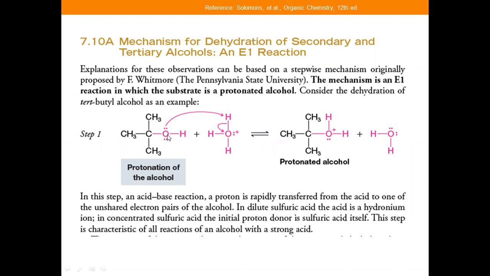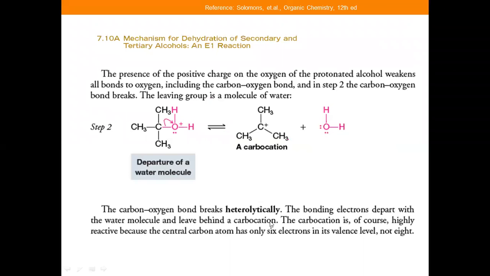The OH in our substrate is very difficult to leave, no? So we protonate it first with a proton, and then we have our protonated alcohol. Once you have your protonated alcohol, you can proceed to step 2.